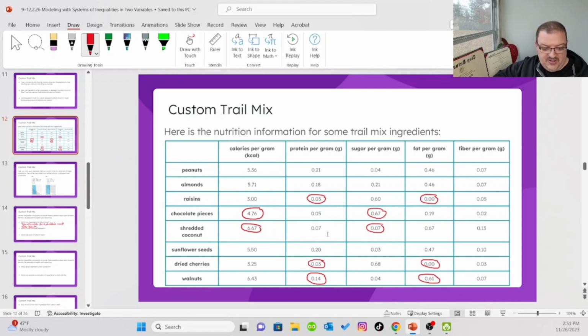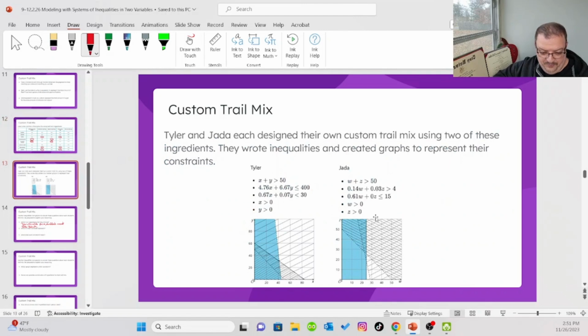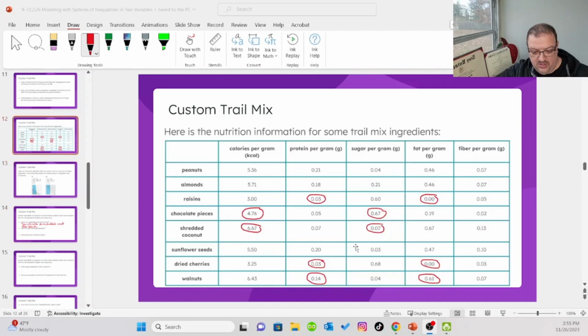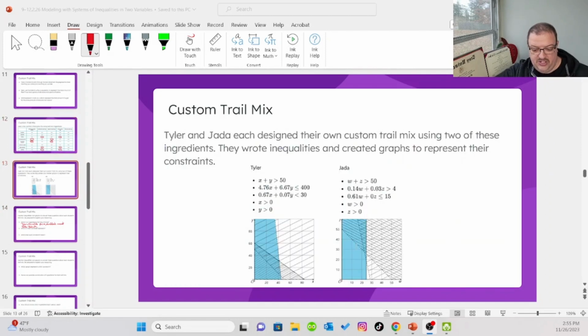So we need to find something else that would tell us which one. If we look at the rest of the constraints, there's no more information that will allow us to pick which one it is. So we will say that it's walnuts and raisins or walnuts and dried cherries.